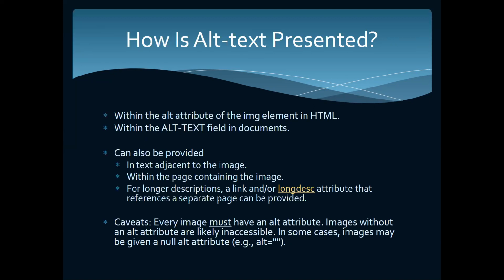In some cases where a text equivalent of an image can't be presented succinctly, such as a complicated or long infographic, a link and or a longdesc attribute that references a separate page that contains a longer description can be provided. So lots of different ways for providing those text alternatives.